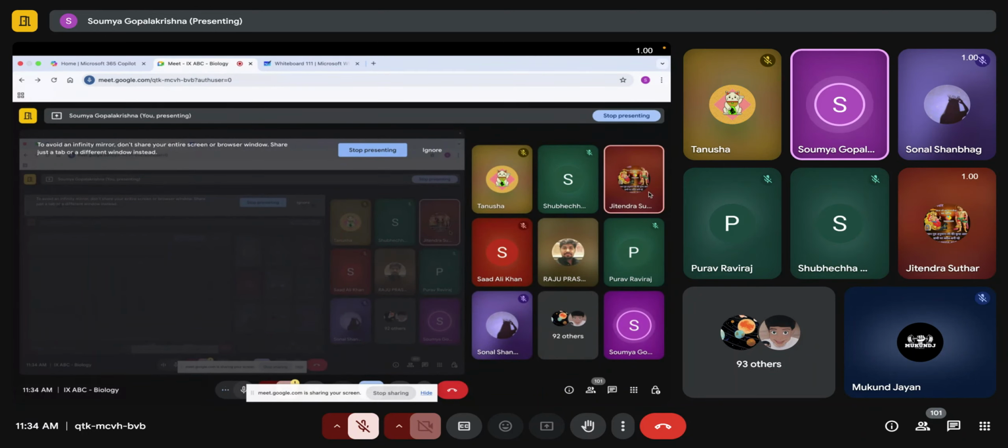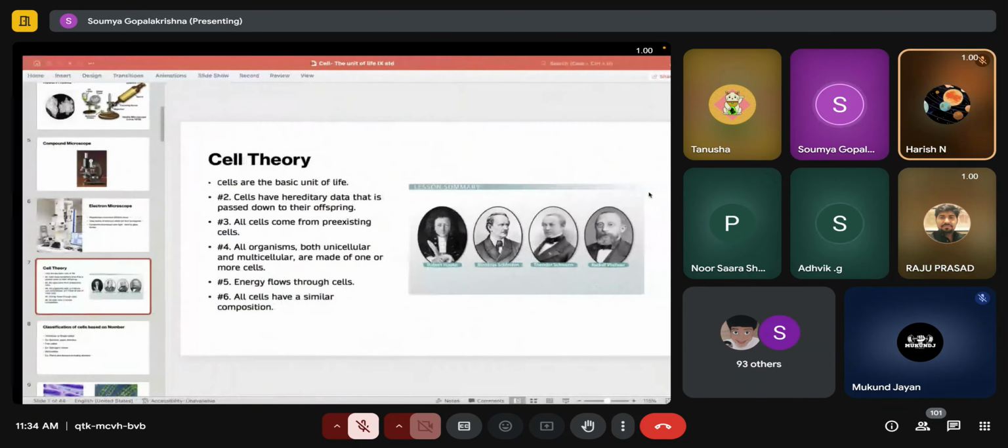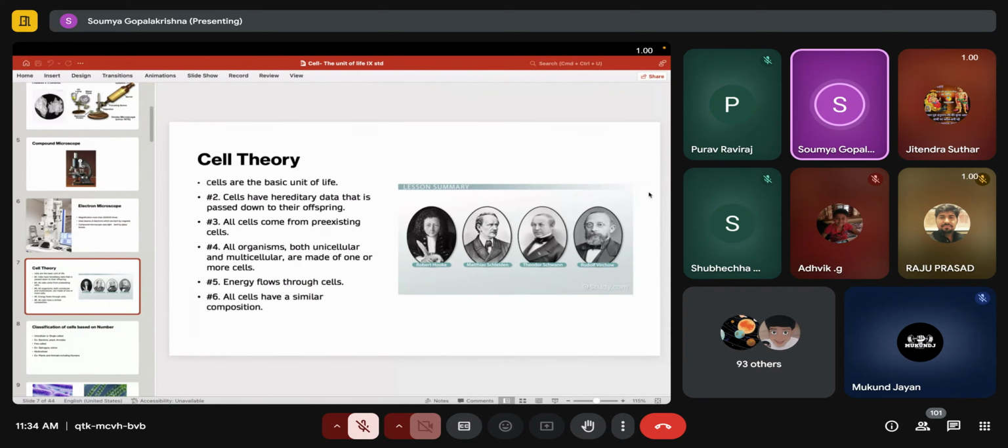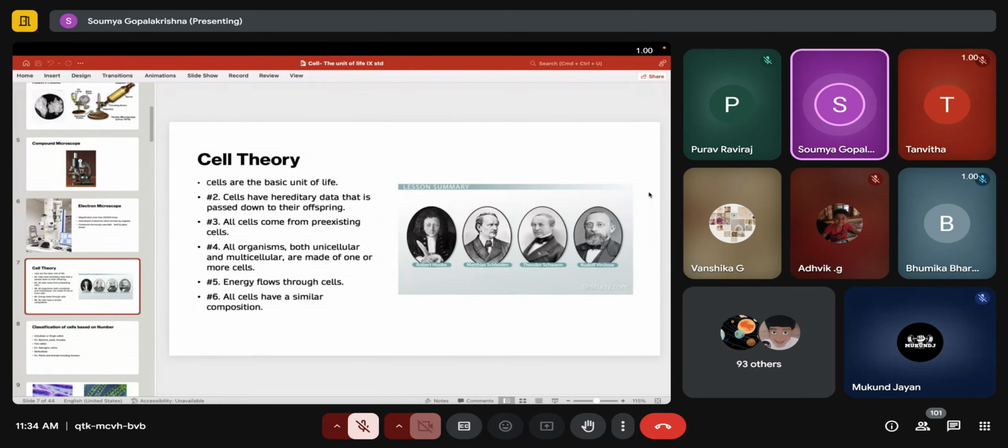Very good. So now, shall we go ahead to the next part? Yes, ma'am. Now, when the microscope was invented and Robert Hooke came up with the word cell, everyone was curious.